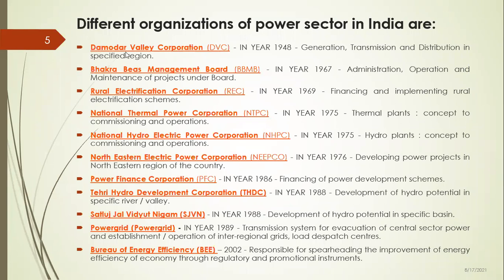The first one is the Damodar Valley Corporation, DVC, established in the year 1948, and this is for the generation, transmission and distribution in the specified region. Next one is the Bhakra Beas Management Board, BBMB, established in 1967. It is for the administration, operation and maintenance of projects under the board. All the projects that come under the Bhakra Beas Management Board are handled by this BBMB.